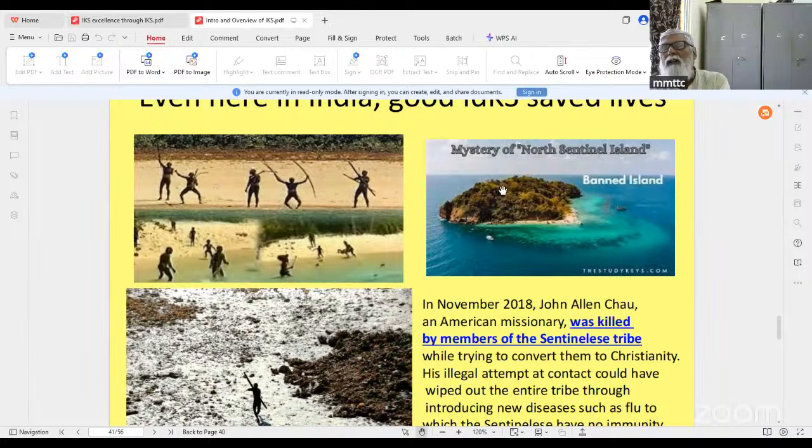This is the knowledge that they have. So, not a single local tribal died in Andamans. Even the Andamans had a bigger tsunami than what happened in Tuticorin and Nagapattinam and other places.